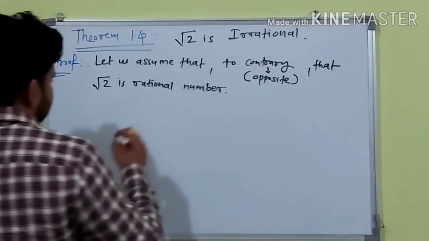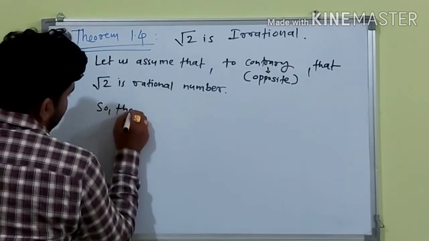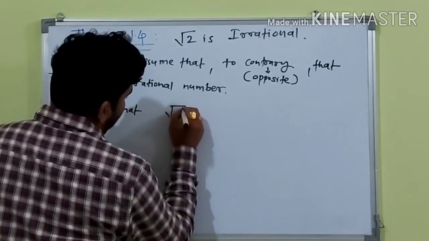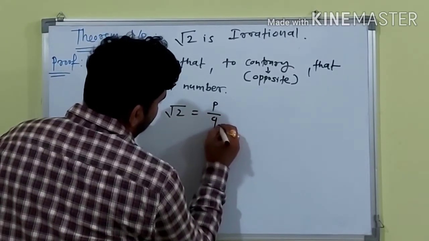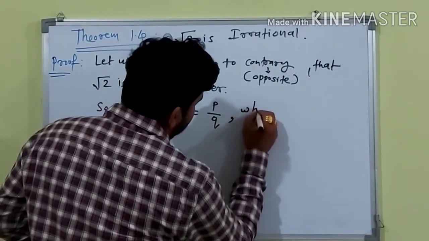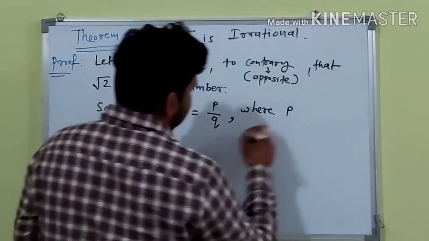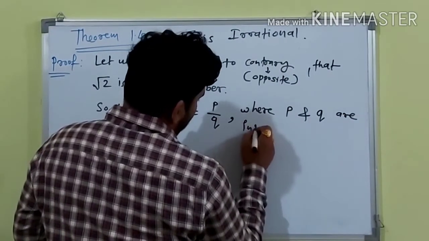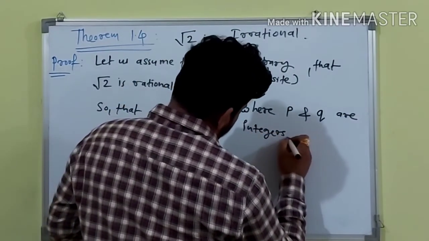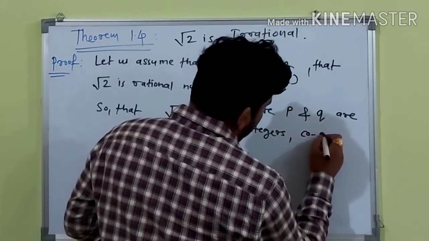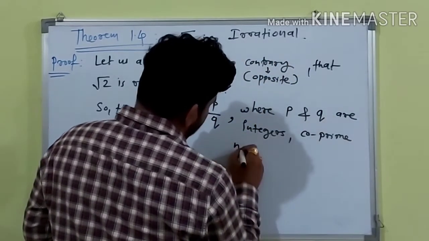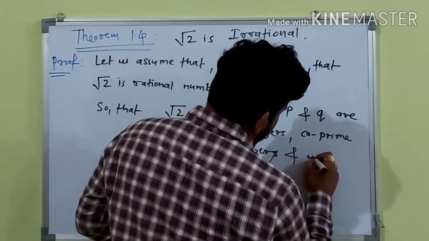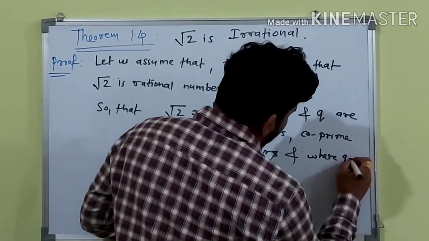So we can say that under root 2 is equal to P by Q, where P and Q are integers and co-prime numbers, and where Q is not equal to 0.